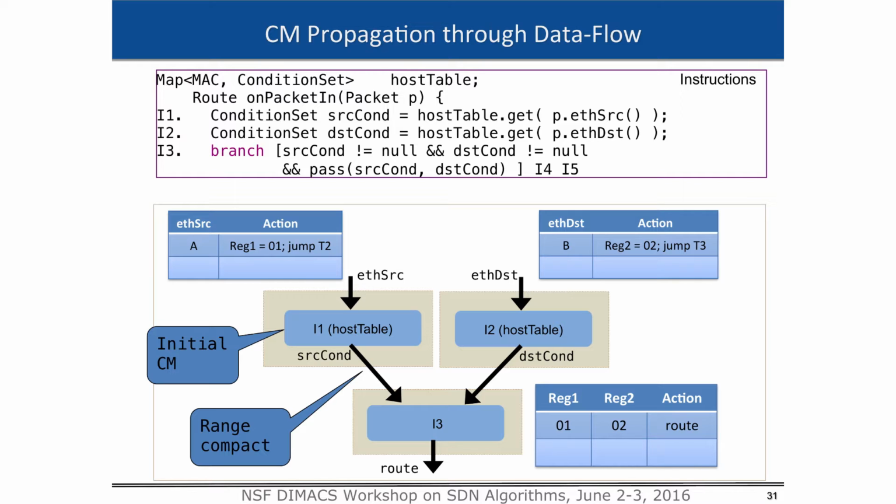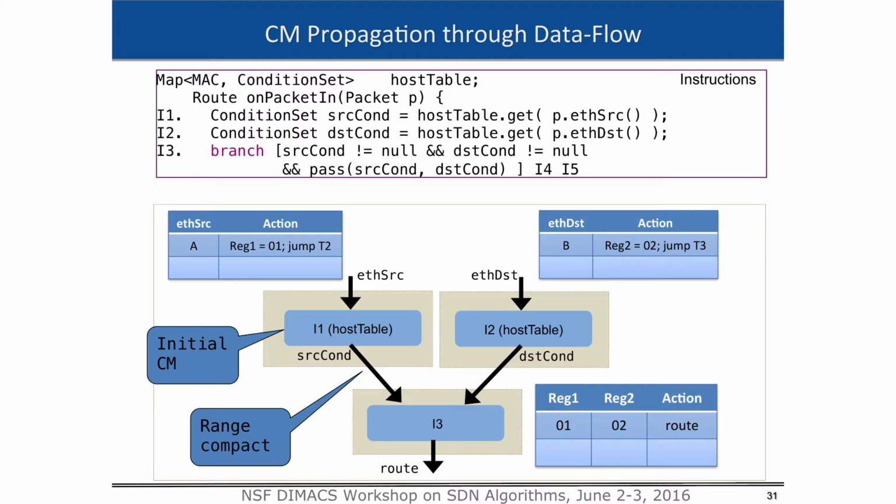And even better, this compact-mappable effect can propagate to the next table through data flow. For example, the initial CM we identified is in I1, and similarly we have I2.